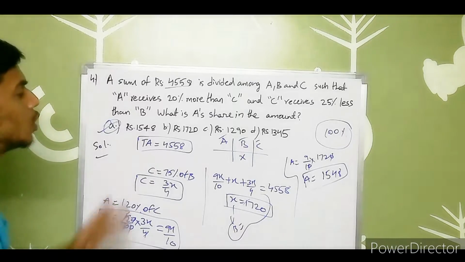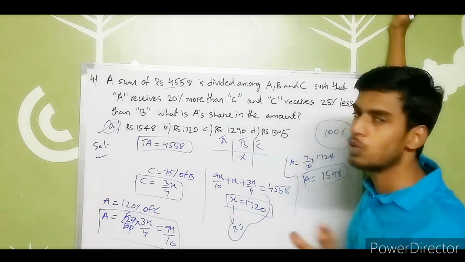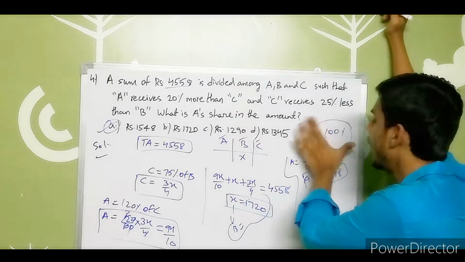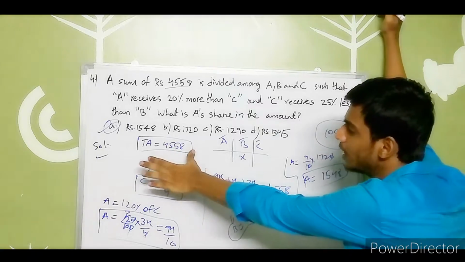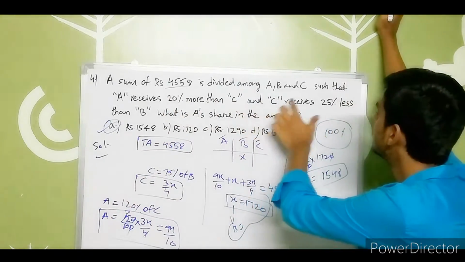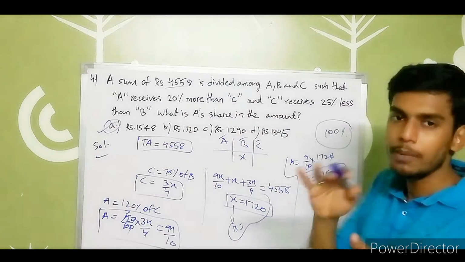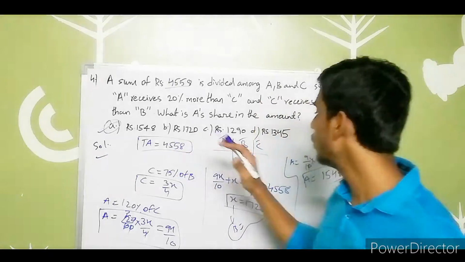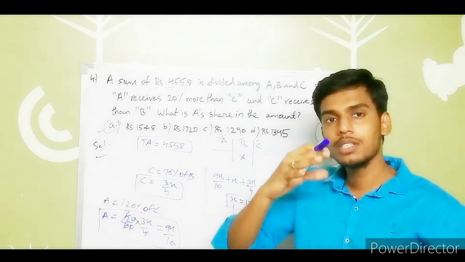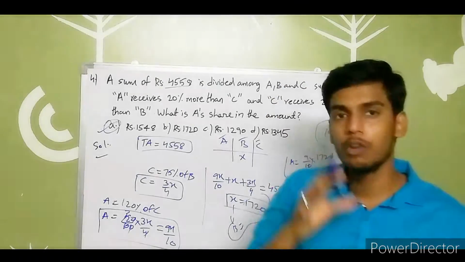Whenever we are solving percentage problems, each and every person should be assumed to have a total percentage of 100%. Depending upon that, I took the total amount as given, and C receives 25% less than B. Initially we don't know B, so I assume B as X. 25% less than B means 25% is taken from the 100%, so C is receiving 75%.